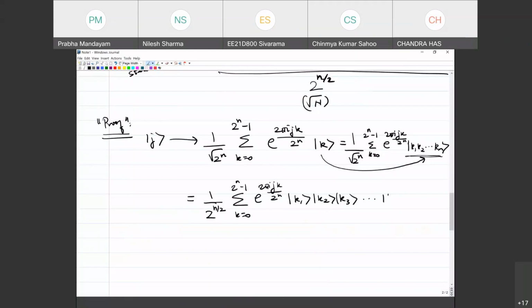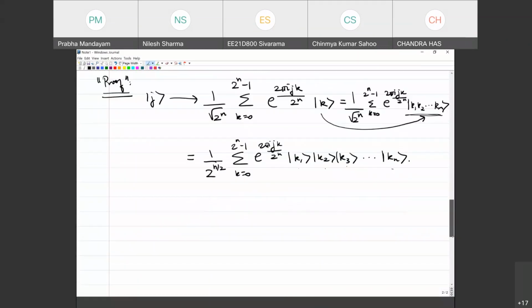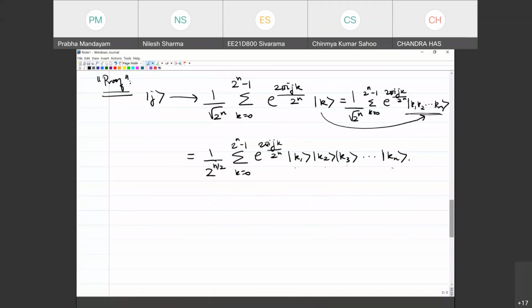kn. So now you see we can break down this sum over 0 to 2 to the n minus 1 into sums of k1, k2, k3, kn, etc. This is basically a sum over all the n qubit states, right? So all the n bit strings, which means each ki must sum over 0 and 1. That's all, right?